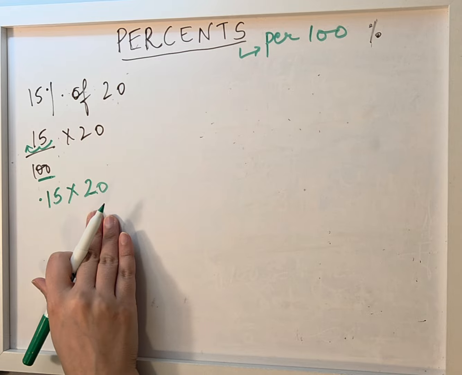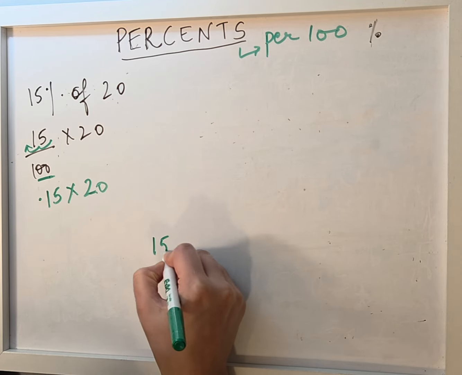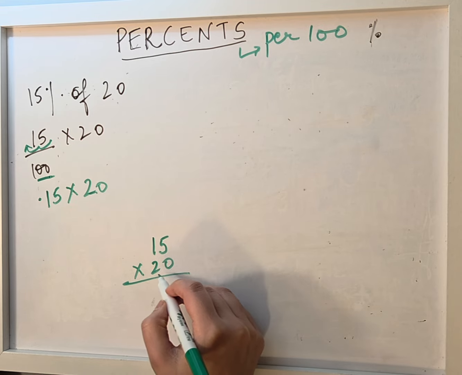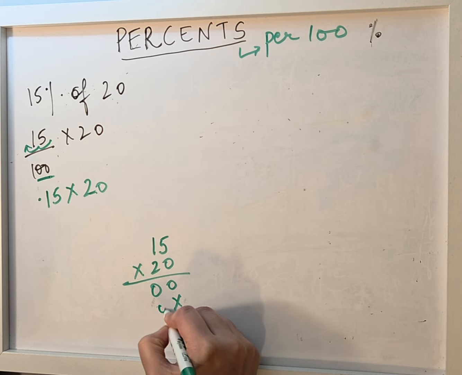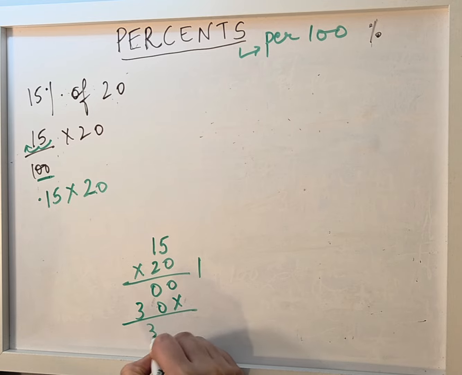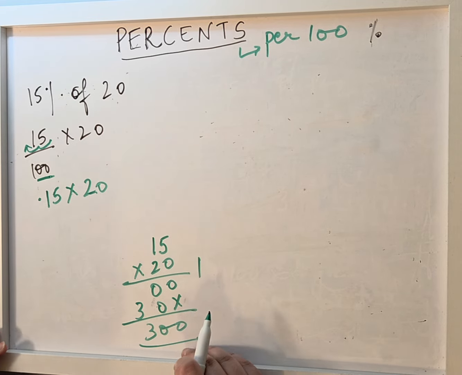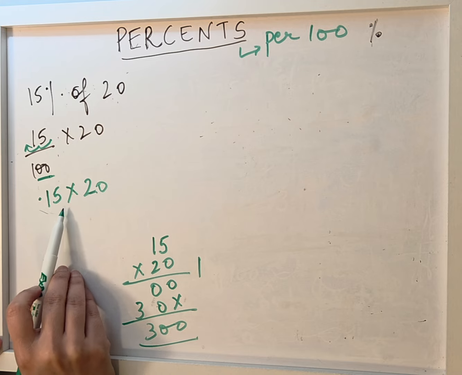Whenever we are multiplying, we forget about the decimal and we multiply directly. So 15 into 20: we get 0 and 0, then 2 into 5 is 10, and 2 ones are 2 plus 1, 3. So we get 300. Once we do the normal multiplication, we see how many digits we had after the decimal.